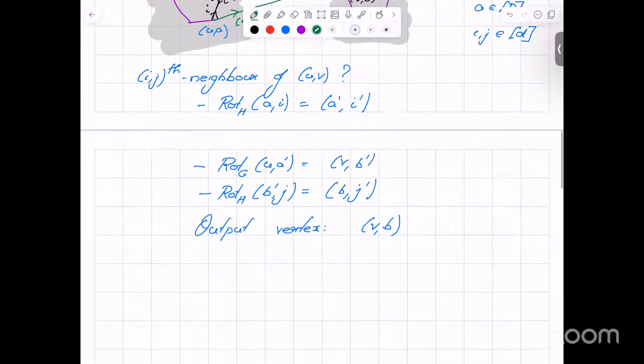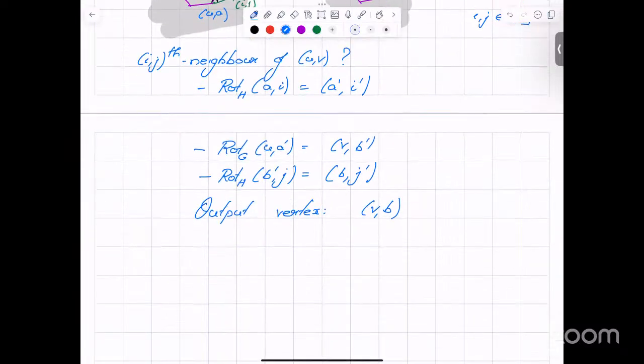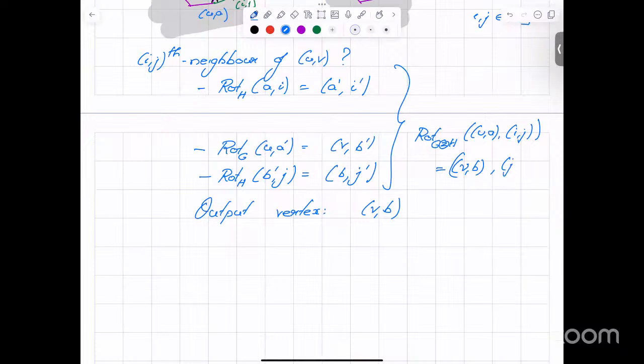So in particular, if you run these three things, then rot GZH of U comma A, I comma J is equal to V comma B, J prime comma I prime. Is that okay?